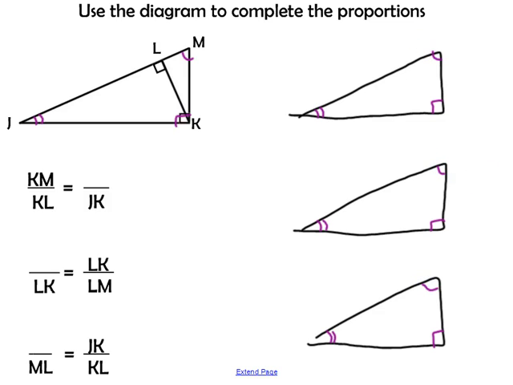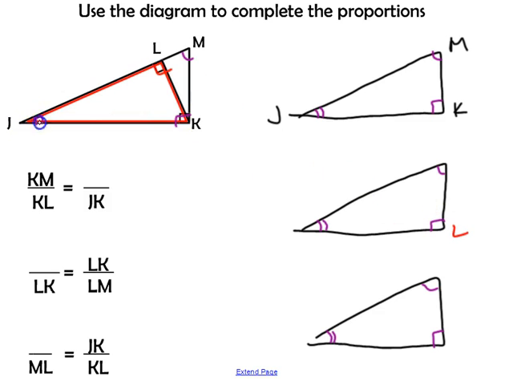Then let's go ahead and label the vertices of the first triangle, J, M, K. So you should always label the big one first. And then it doesn't matter which one you do first, but one of the smaller ones, this one, the red one. So angle L is the right angle.